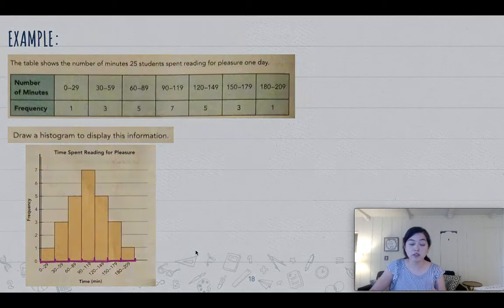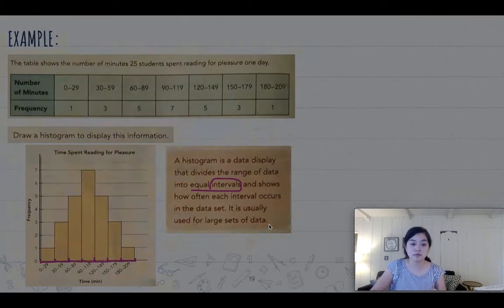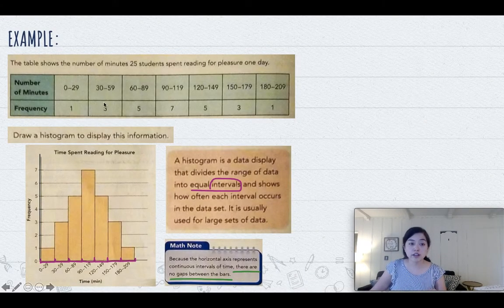Again, these are equal intervals as we figured out, because it's an interval of 30 minutes. In a histogram, they use intervals, and they usually break the data into intervals when there's a large amount of data.